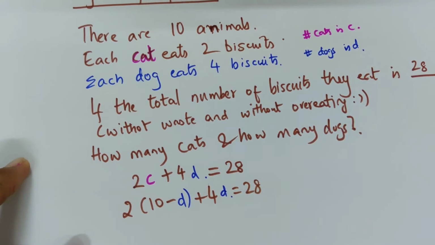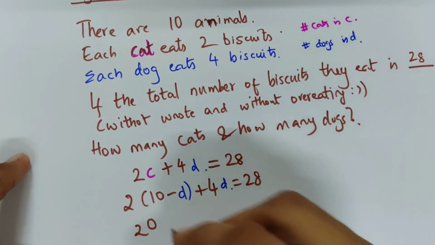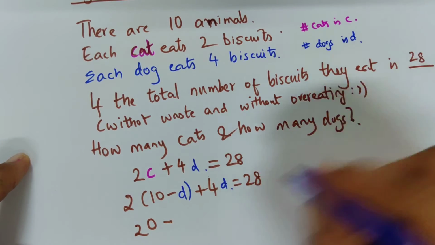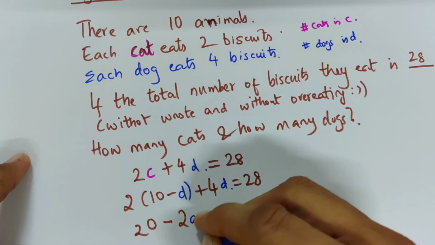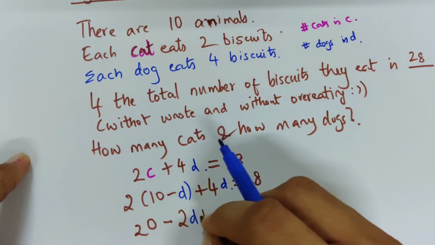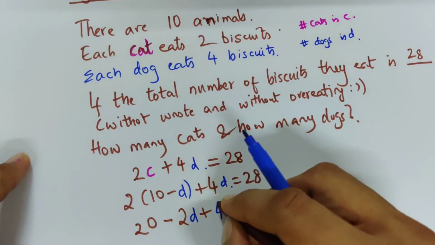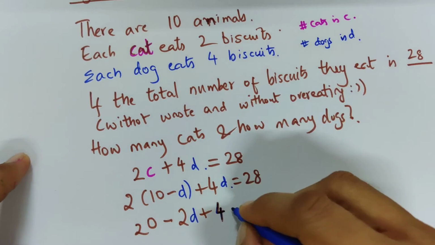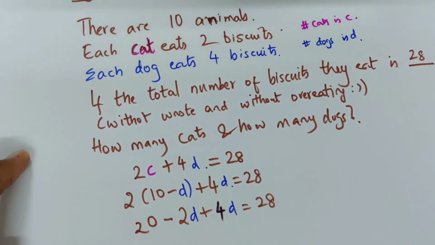Now what this means is I have 20 minus 2D plus 4D. 2 biscuits have been given to every dog, but a dog wants 4 biscuits. It is equal to 28. Now this is exactly what we did.